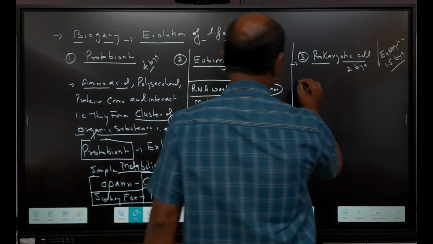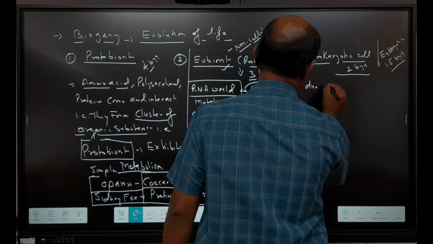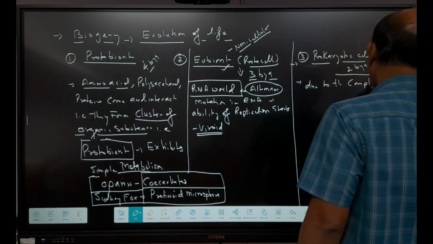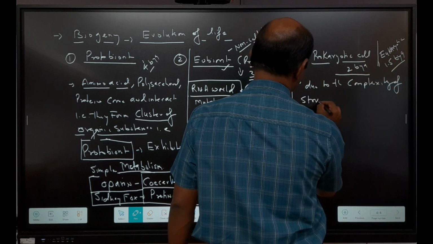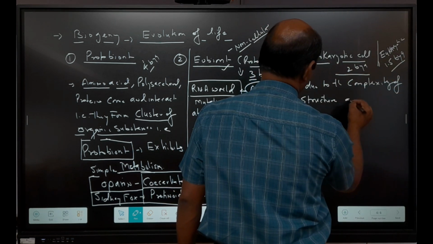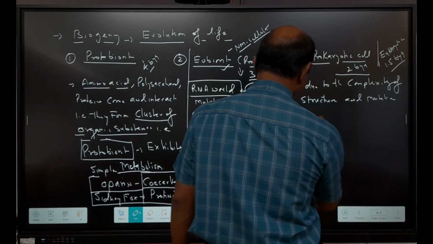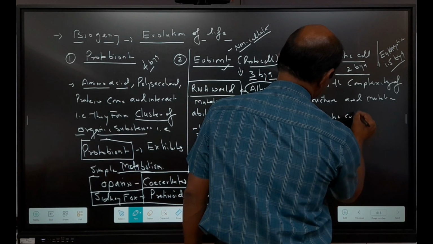Prokaryotic cells formed 2 billion years ago due to the complexity of structures. Mutation is also responsible here, and through mutation the first prokaryotic cell is formed.